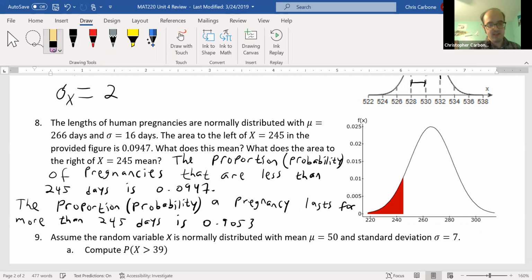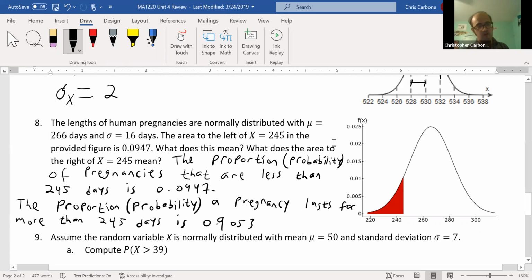And let me just fix that 9. 0.9053 in this case. No calculation was needed for that, other than doing 1 minus 0.0947.